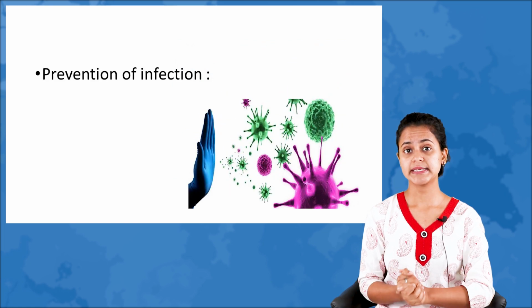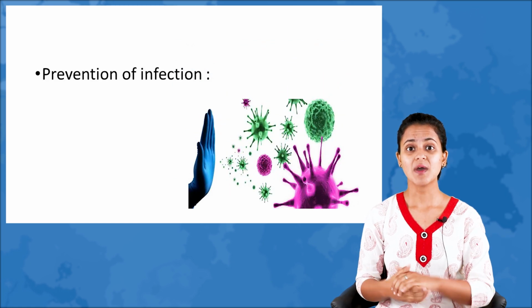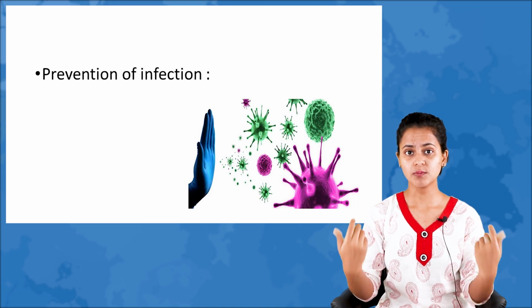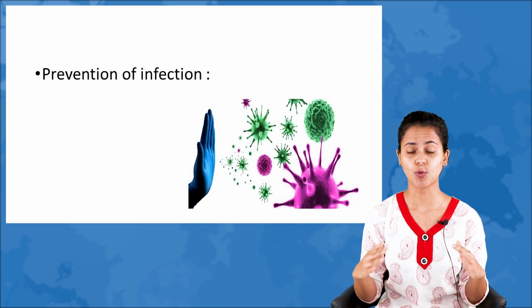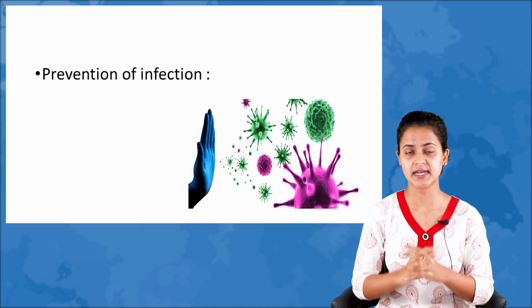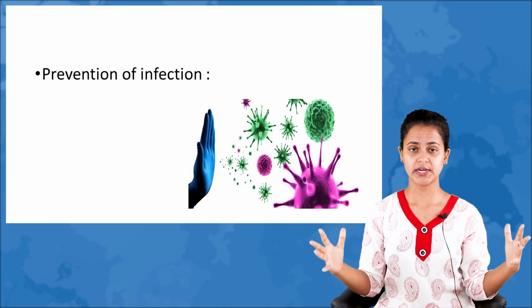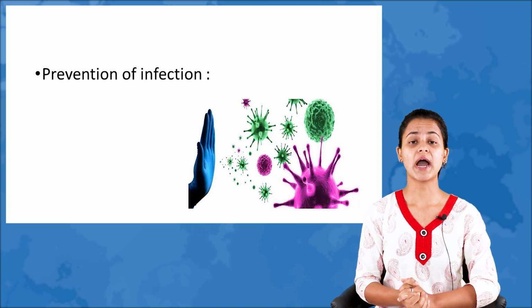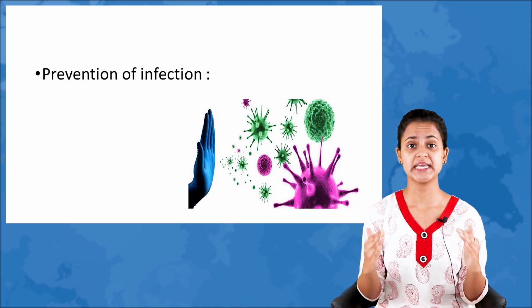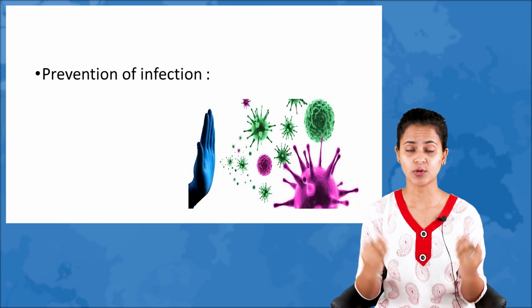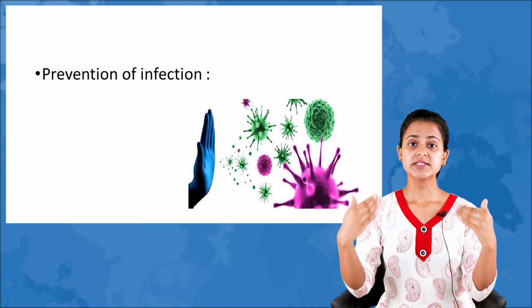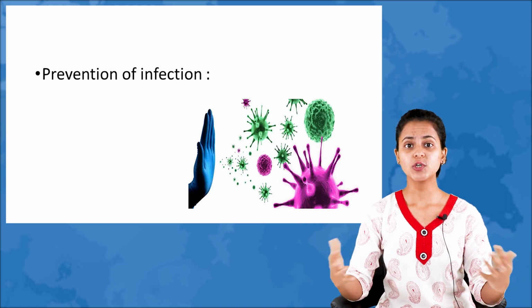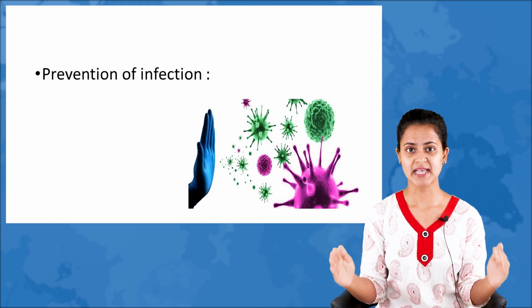The next principle is prevention of infection. As we have learned, almost always the client in the intensive care unit has an immunocompromised state or a severely progressed disease condition. This is why preventive measures play a very important role in controlling infection within the clinical setup. Nurses play a very important role in maintaining aseptic technique.